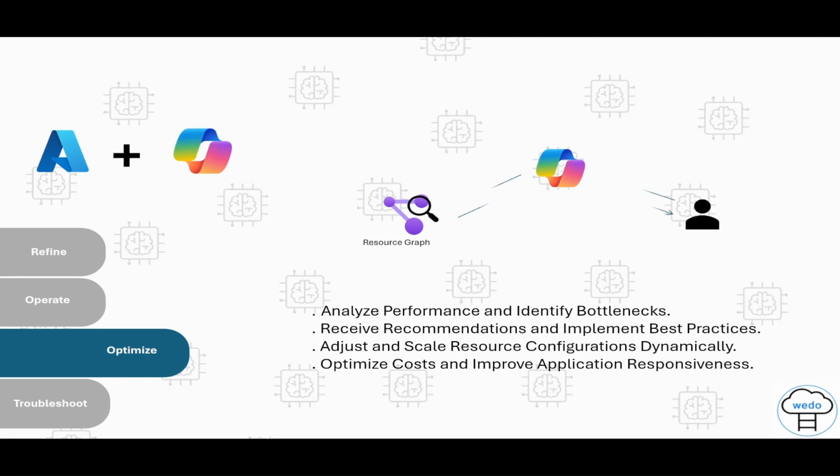So Copilot can help you adjust resource configuration, scale resources dynamically, and also implement best practices to ensure optimal performance. By leveraging these capabilities, you can reduce costs, improve application responsiveness, and deliver a better user experience.